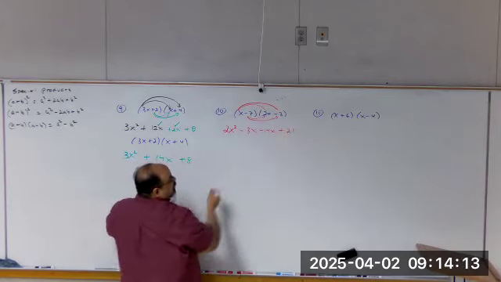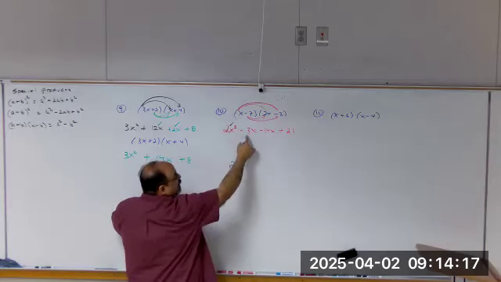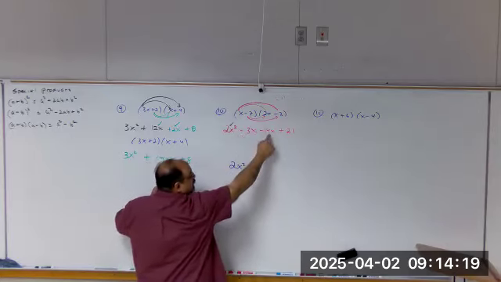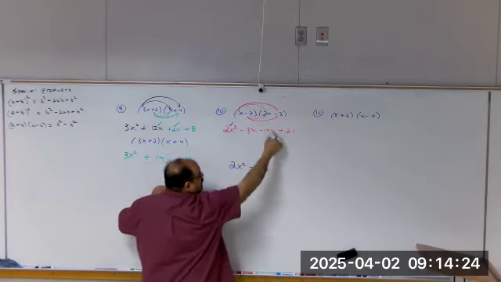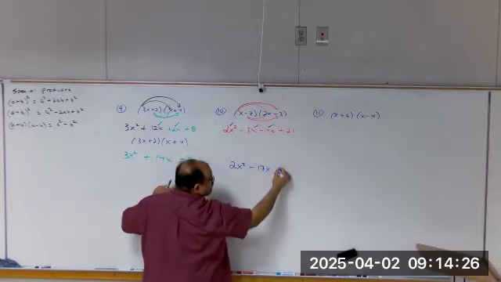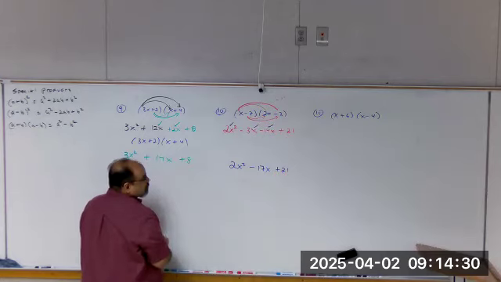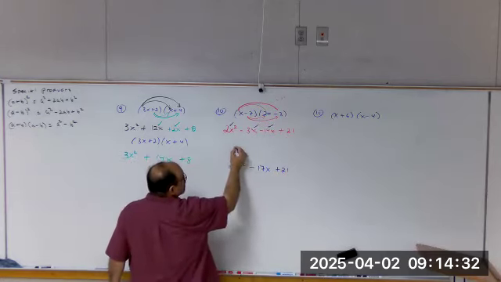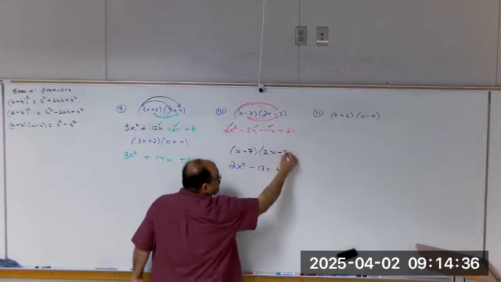So when we combine our like terms, we get a positive 2x squared. But in the middle, negative 3x, negative 14x, that's negative 17x. But the last term is a positive, positive 21. The original question was x minus 7 times 2x minus 3.